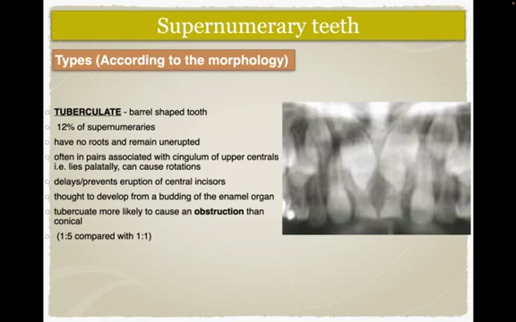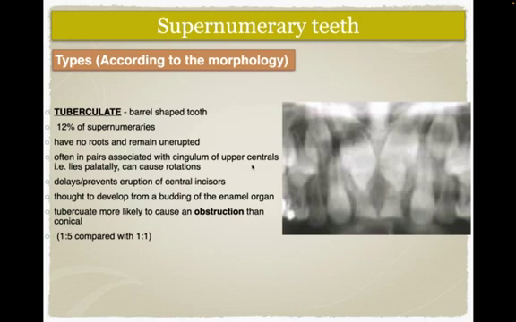The second type of the supernumerary is called the tuberculate supernumerary, and it represents 12% of the supernumeraries. Usually it comes in a barrel shape, like a barrel, as you can see here in this photograph, and usually it comes in pairs. It's more often to see two of them at the same time.